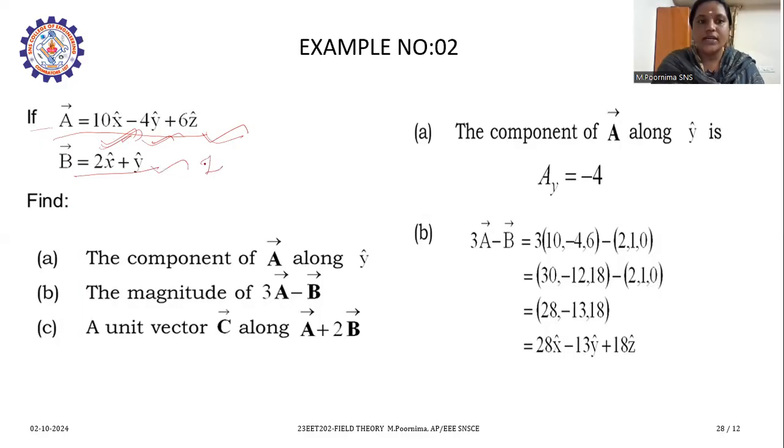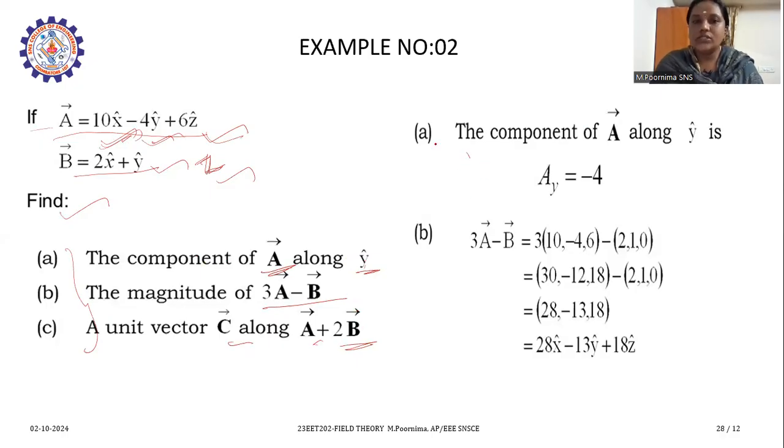Here we don't have a z component. We have to find three things. One is the component of vector A along y. The next is the magnitude of 3A minus B. And the unit vector of C along A plus 2B. Come, let's solve the problem.